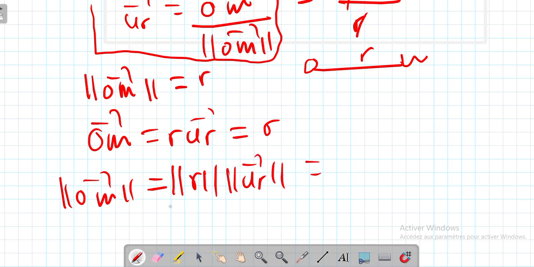So what is the magnitude of R? That's magnitude of UR times 1. So this is going to be R. This is why the unit vector is just there to denote direction.